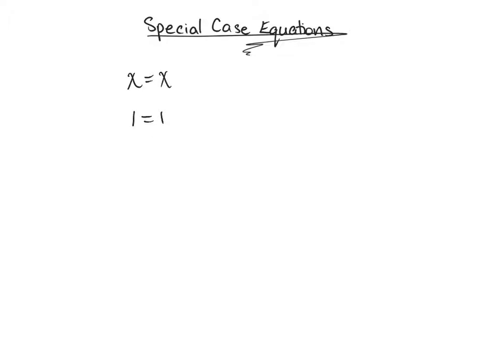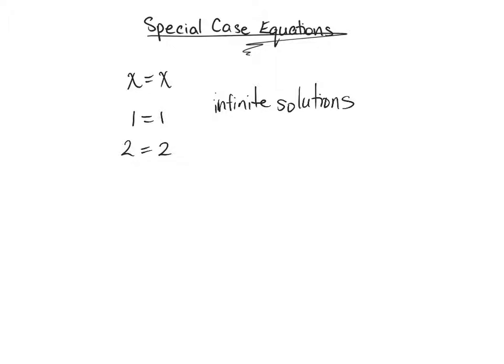How about if we try 2, though? 2 equals 2. Still true. So how many solutions do you think this has? Well, if we try 3, 4, 5, 6, 7, all of these make the equation true, which means that in this case, there are infinitely many solutions.